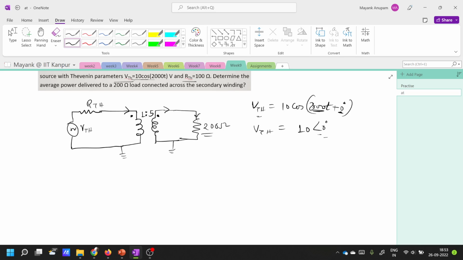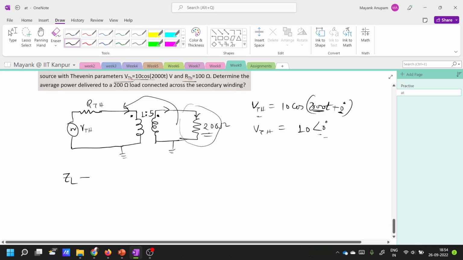So you already learnt what happens when we connect a load here, 200 ohms, to the secondary of the ideal transformer. It simply transforms this load to the primary node here, right? And what was the transformation? ZL gets transformed to ZL upon N square.